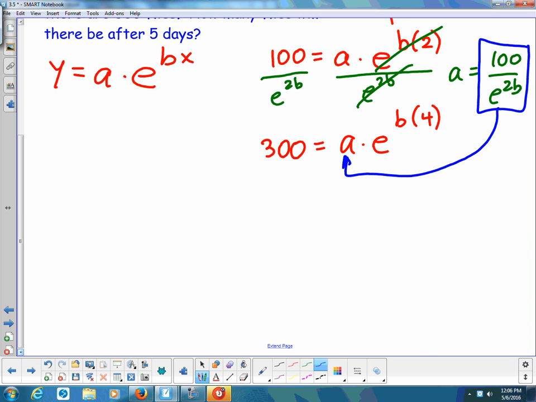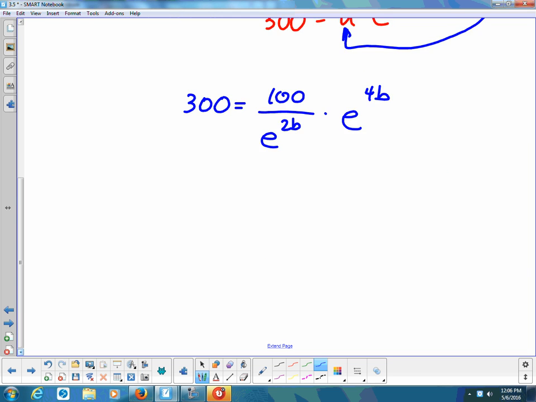What equation should I be writing? 300 equals 100 over e to the 2b times e to the 4b. If you would like, you could think of this as over 1. So this is really 300 equals 100 e to the 4b over e to the 2b.